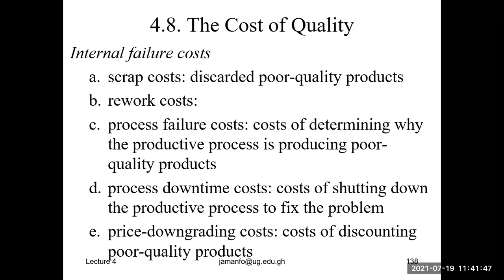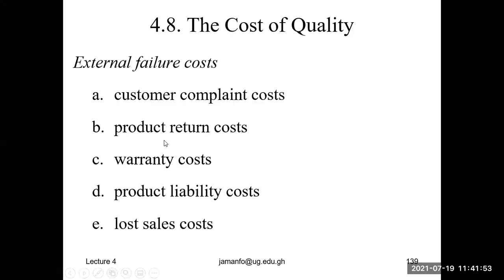Because of a slight error in the product, we might want to discount it. Then external failure costs, customer complaint costs, and this can be dangerous. In fact, it can lead to the company losing a lot of its customers.